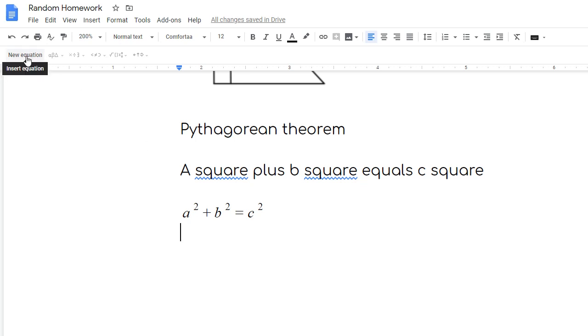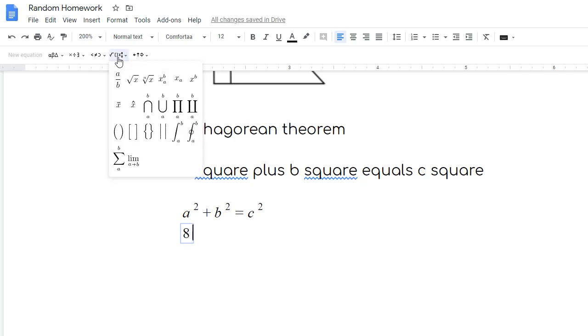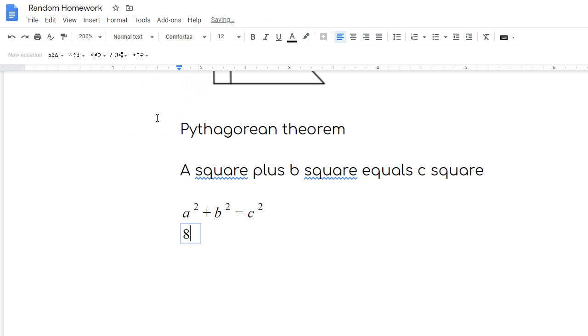Let's enter a new equation, type 8, and then go up to math operations, exponent, press the right arrow key on the keyboard, 2, that makes the exponent, right arrow key once again to come back down, plus b squared.